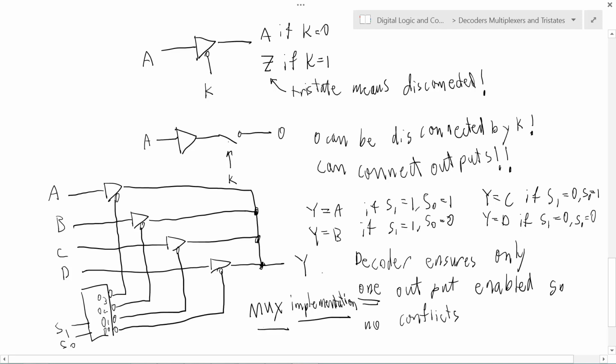So when you're building circuits and you need to select one of many signals, probably the more efficient method, if you have more than 4 input signals, more than A, B, C, and D, but say 32 possible signals, is to use tri-state buffers to implement the multiplexing instead. This will be space efficient and power efficient and perhaps even in some cases more speed efficient, depending upon the implementation.